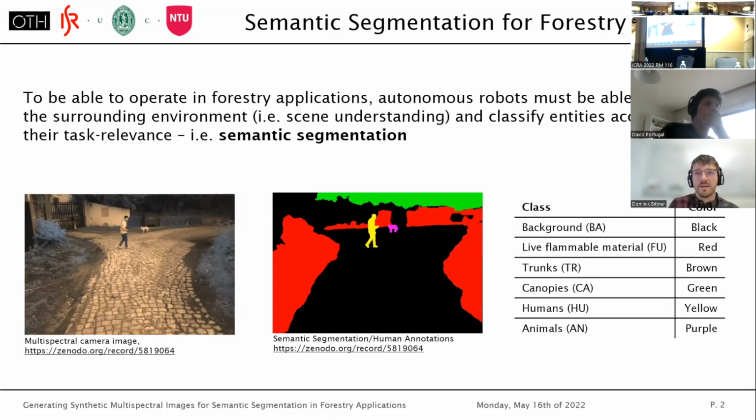In this case, classes relate to a forest landscaping mission for fire prevention, where live flammable material is the material to remove, trunks and canopies are the plantations to protect, and humans and animals are the wildlife and potential co-workers to avoid for safe operations.